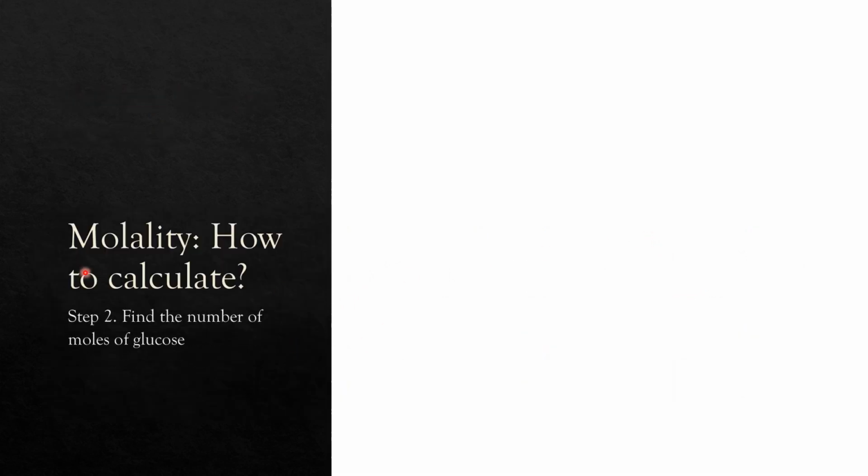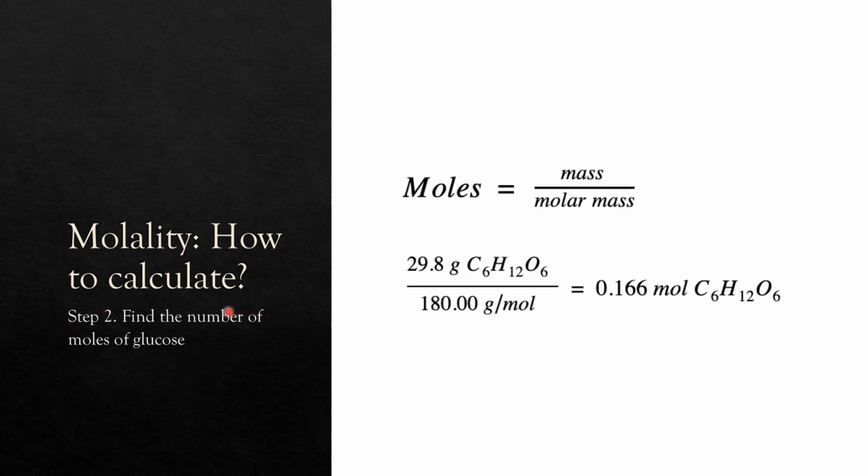The next step is that we're going to find the number of moles of glucose. To find the number of moles of glucose, we have the formula: mass divided by the molar mass. The mass of our glucose, as given in the problem, is 29.8 grams, and we are going to divide that by the molar mass of glucose, which is 180.00 grams per mole.